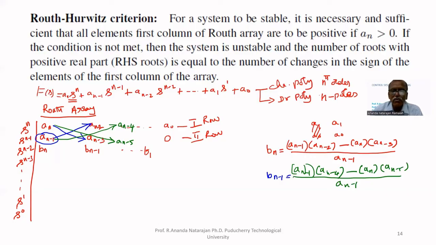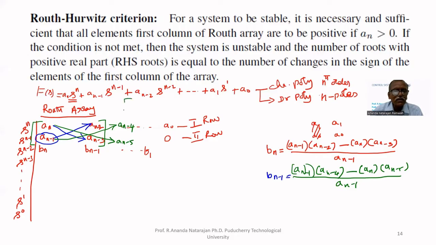Here, how did we find bn? We are taking these four elements and we have to multiply the second row first column element with the second column first element, minus first column first element multiplied by second column second element, divided by an minus 1.